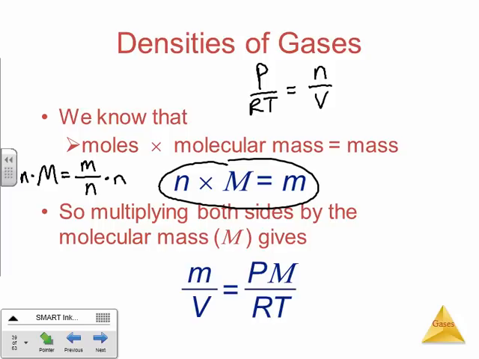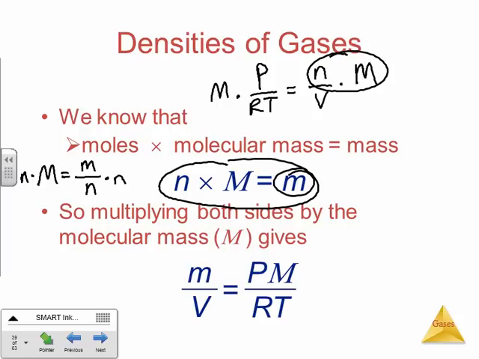If we multiply both sides by the molecular mass, so we're multiplying this side by M, and we're also multiplying this side by M. And then this N times M right here, we just said is the same thing as just mass, okay?